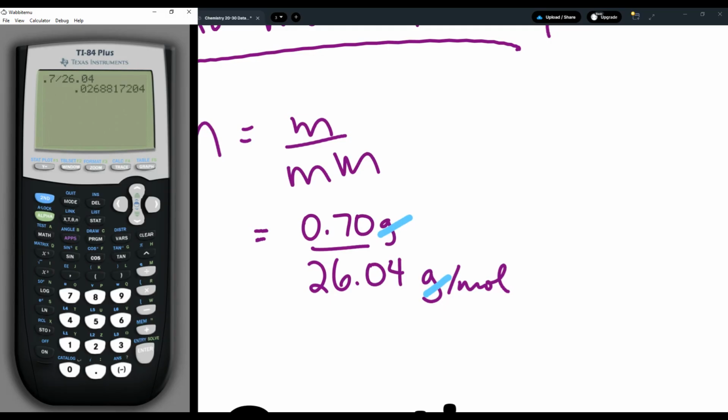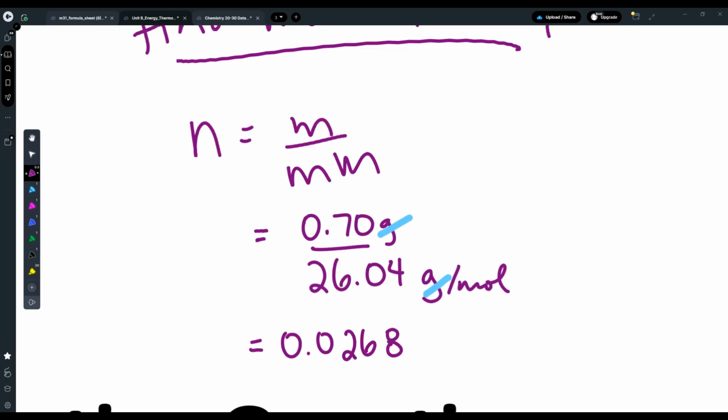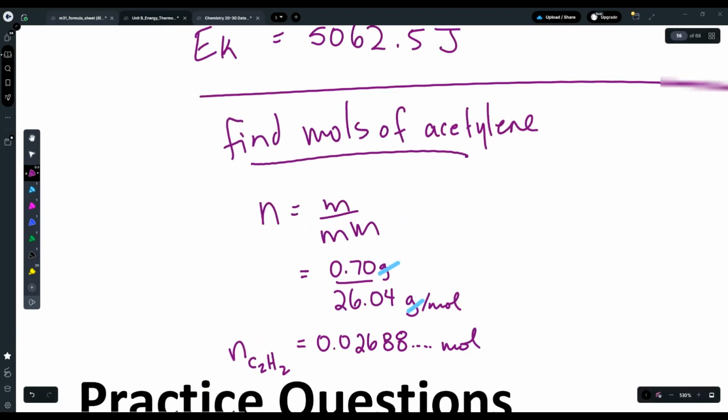That's going to give us 0.02688, goes on forever. So there's our moles of acetylene.